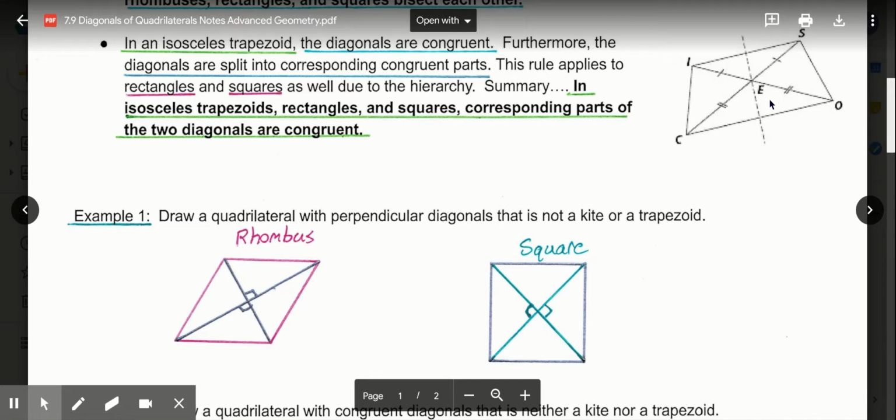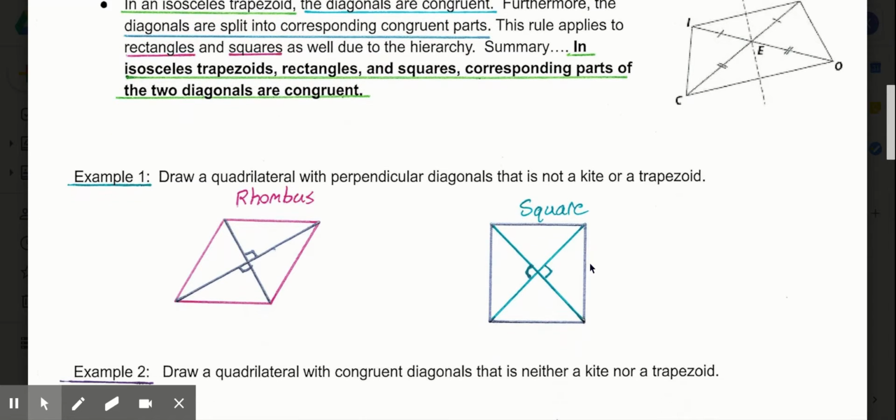So our summary here is that in isosceles trapezoids, rectangles and squares, corresponding parts of the diagonals are congruent, but also, as we know from the basic idea up here, the diagonals are in general congruent. So corresponding parts and the whole diagonals are congruent.